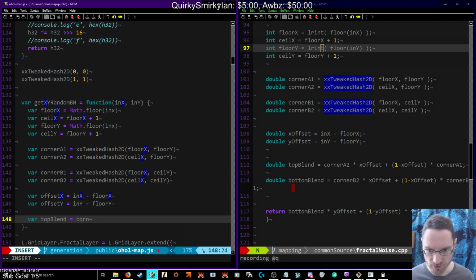Well, we're trying to emulate this code, not get something that works similarly but different.